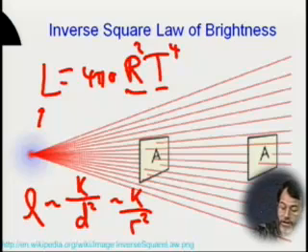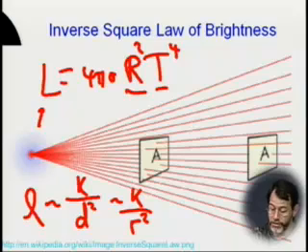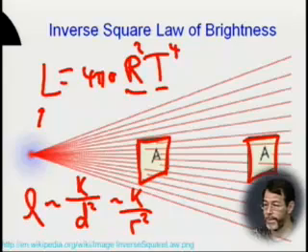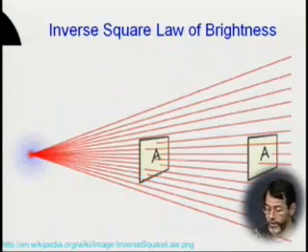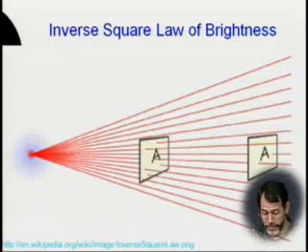Here you have all these lines where the photons are coming out of the star. If you have a plate A that's going to catch some of those photons, if you put it near the star, you catch a lot of photons on your plate, a lot more photons than if you put it far away from the star. So you're not catching many photons. It's not appearing very bright as you move far away. And due to geometry, it's easily calculated as a 1 over r squared fall off.